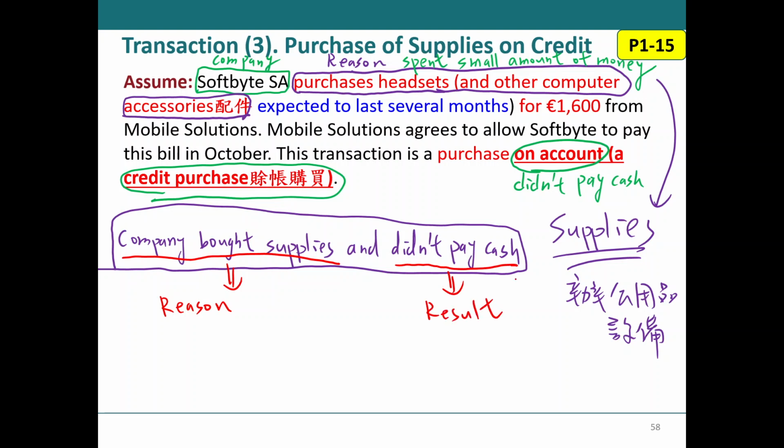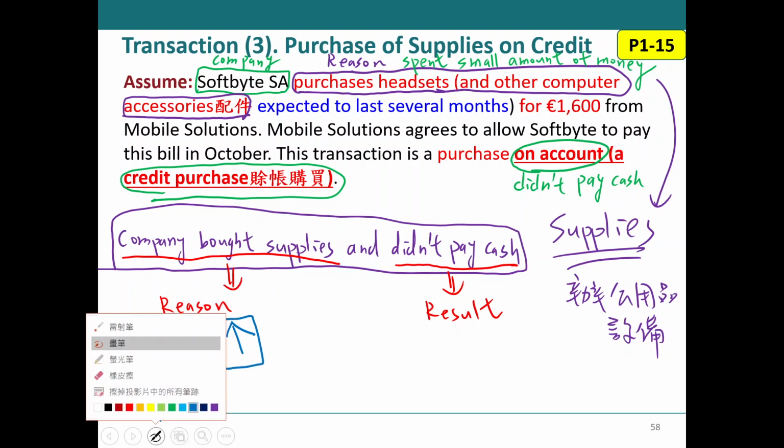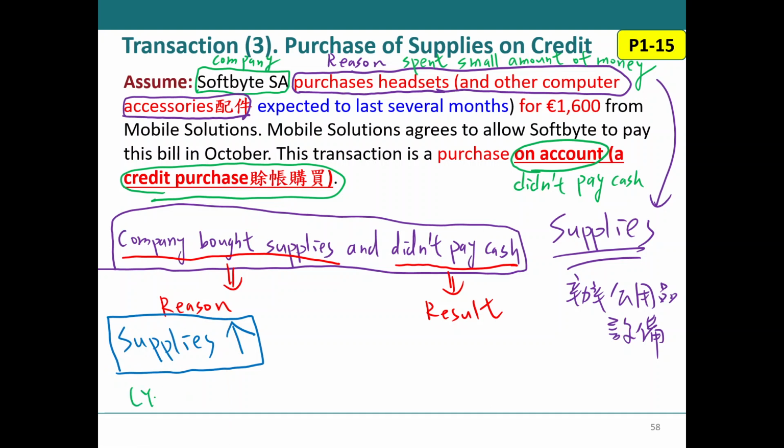Okay? So you got surprised, right? So you got surprised means what? Your surprise increase. Did you pay the cash?